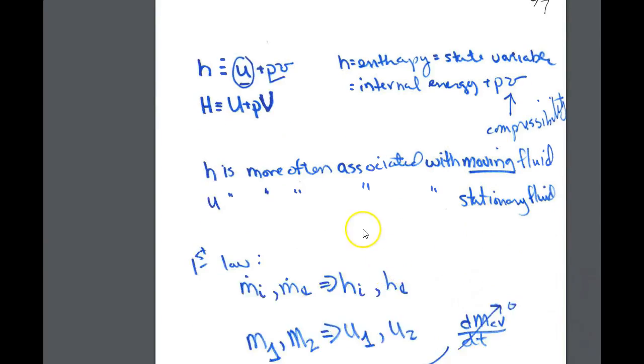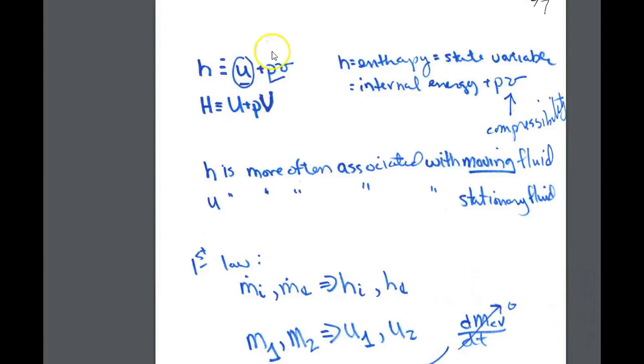The first point I wanted to make is in our property tables, we have the quantity of enthalpy, and we've not really talked very much about enthalpy to this point. We've talked more about U, internal energy. Well, H is a state property, and its value is U plus P times V. So if we look at extensive enthalpy, capital H, it's equal to capital U plus P times volume.